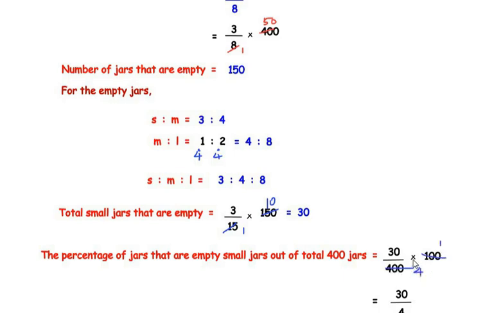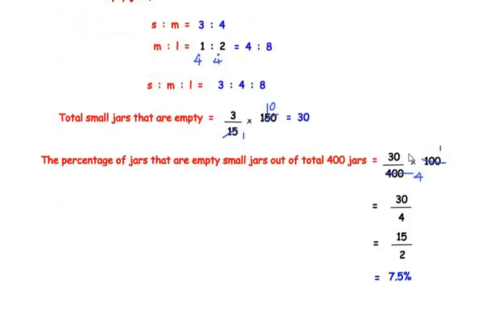So this simplifies as 30 times 1 in the numerator gives us 30 divided by 4. Now 30 and 4 go in the table of 2. That is 2 2 times is 4 and 2 15 times is 30. So here we get 15 over 2, or half of 15, which is 7.5. So the percentage of jars that are empty as well as small out of the total 400 jars is 7.5%. So this is our answer.